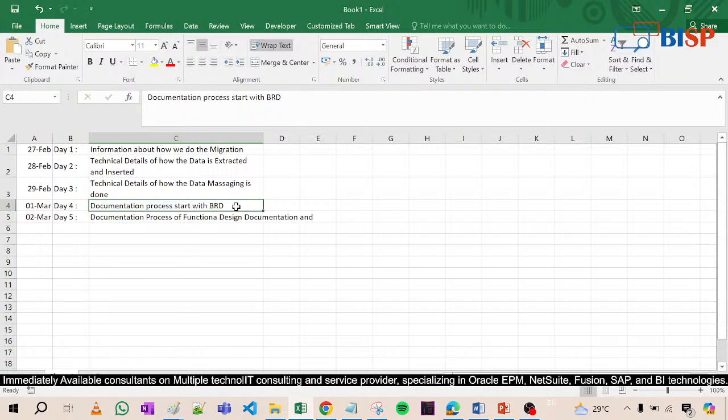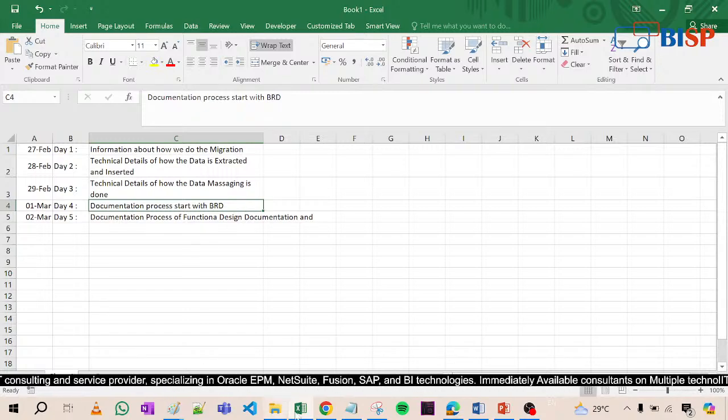Now, business requirement document, as the name shows. Suppose a company wants to migrate to Fusion and they approached us that they want to migrate.